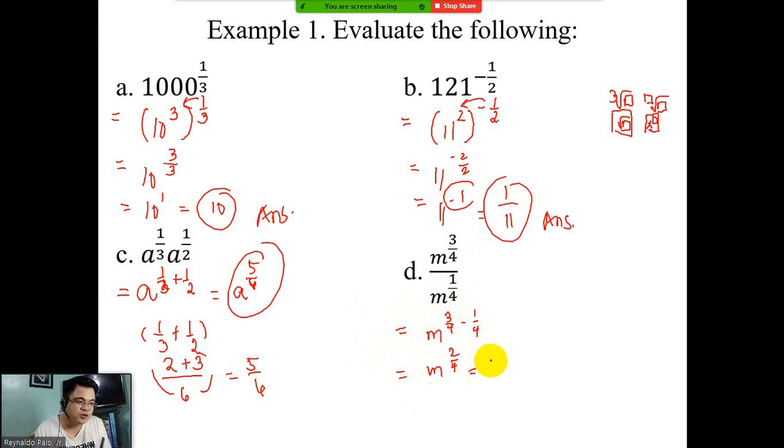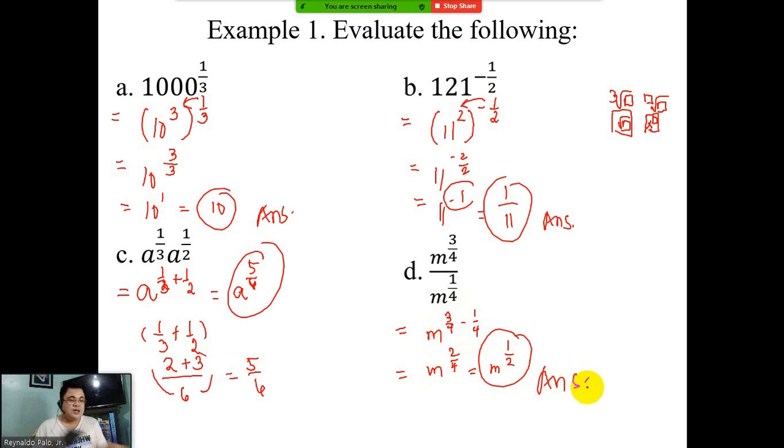Then 2/4 can be simplified. The common factor is 2. 2 divided by 2 is 1, and 4 divided by 2 is 2. So our answer here will be m raised to the power of 1/2. That is already our final answer.